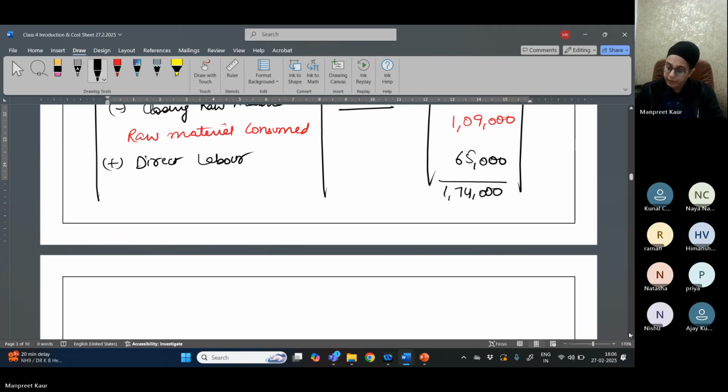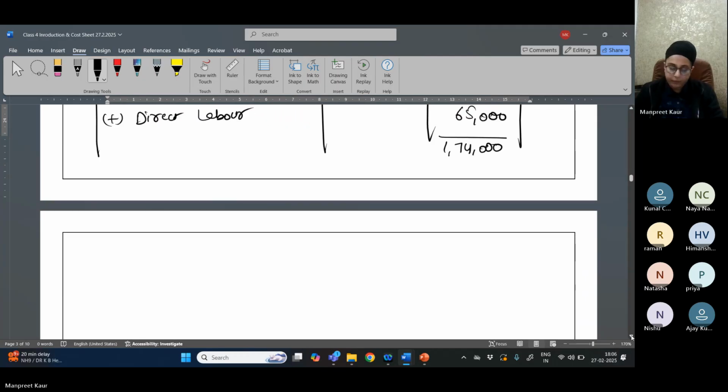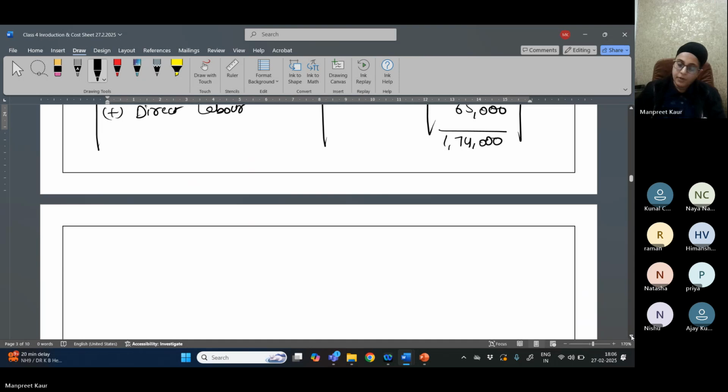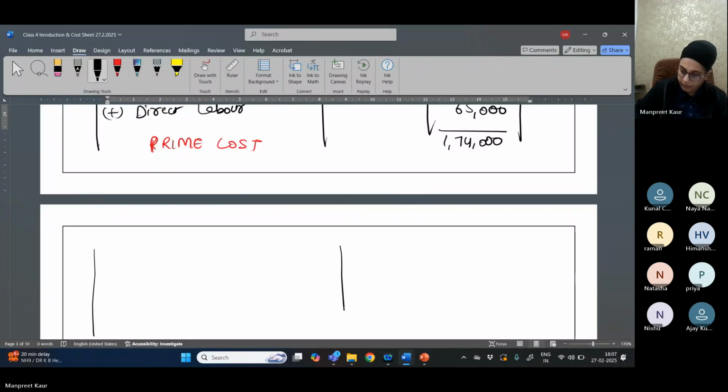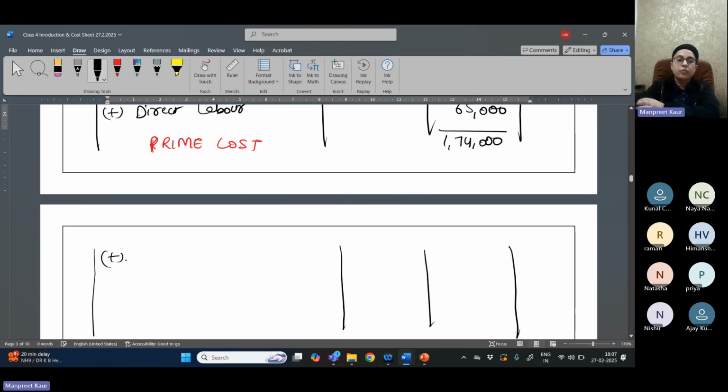Now, direct expenses are not there. We can treat it as a prime cost. In prime cost, we will add factory overheads.